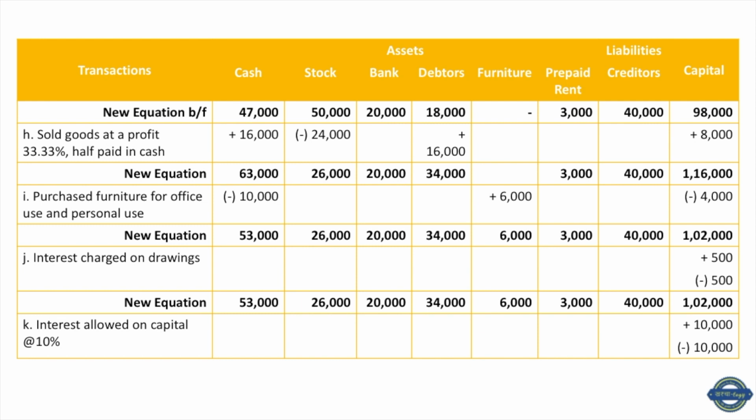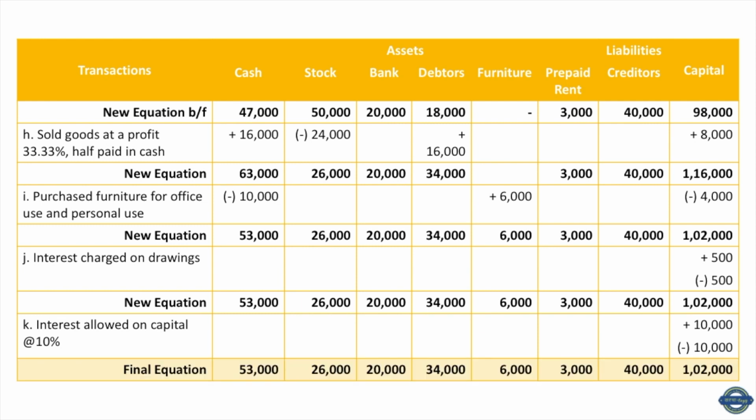So the initial capital was rupees 1 lakh, as we have seen on the first transaction. 10% of 1 lakh is 10,000. All expenses will be deducted from capital. Since interest allowed on capital is an expense for business, we will deduct rupees 10,000. And since we owe this amount to the owner, we are going to add this 10,000 to the capital column. Check the final equation whether it stands true or not.